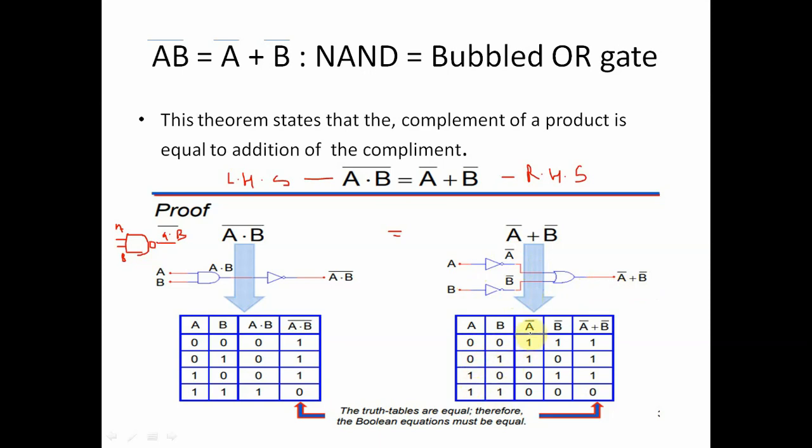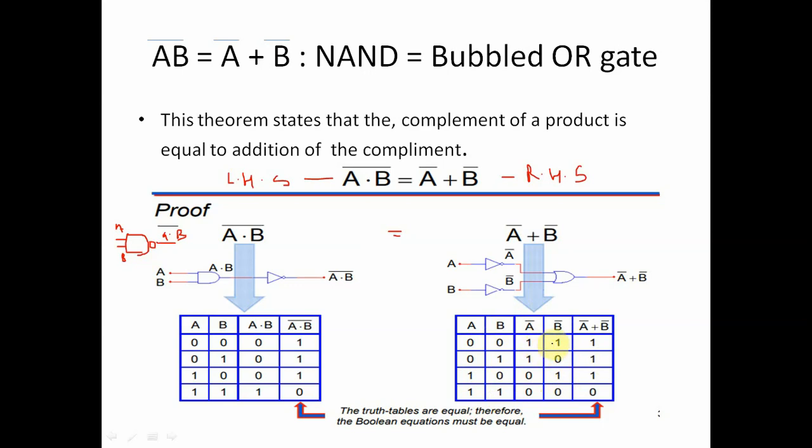Now A bar: A is converted into A bar, so 0 0 is converted into 1 1 and 1 1 is converted into 0 0. Now B bar: B is converted into B bar, so 0 is converted into 1, 1 is converted into 0, 0 into 1 and 1 into 0.